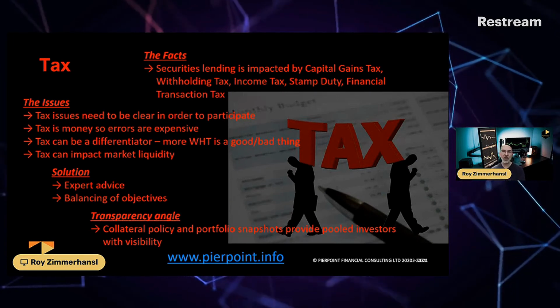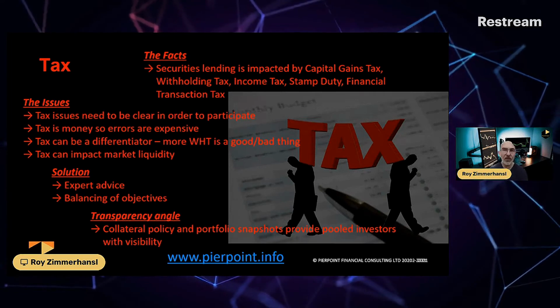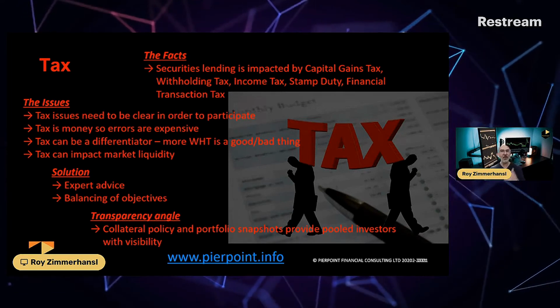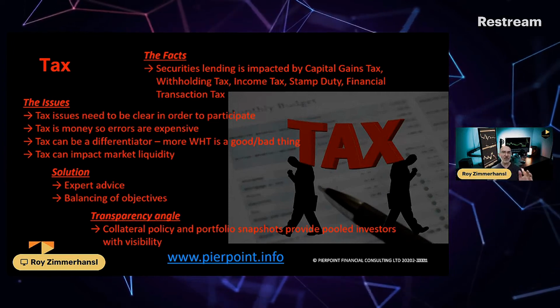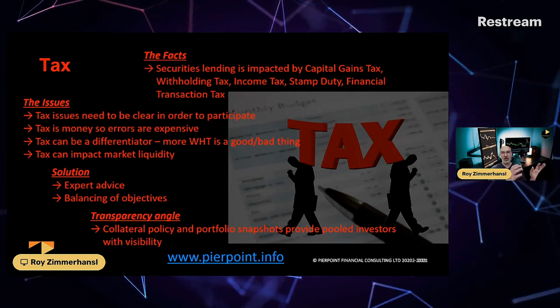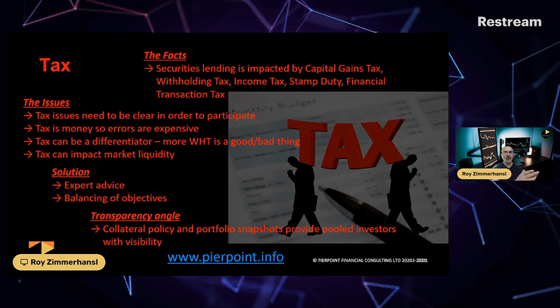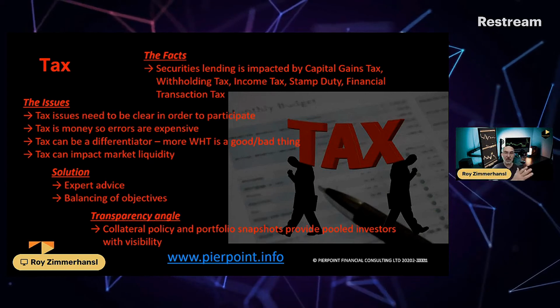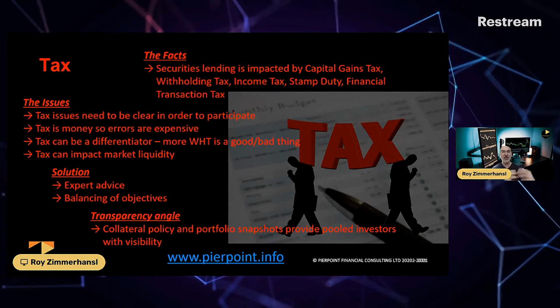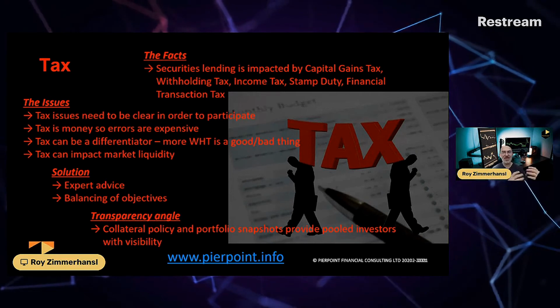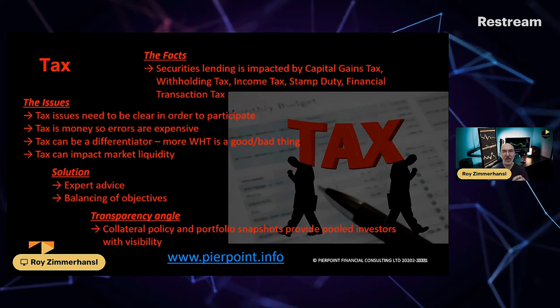And the issues that they throw up, of course, first of all, the tax issues need to be clear. Doesn't mean that they need to be resolved. So sometimes you can go into a new market without being certain of how a tax authority would treat the transaction, because it may be that there's enough revenue in there that you say even in a worst case scenario where I'm subject to tax, that'll be okay because I've made enough money.